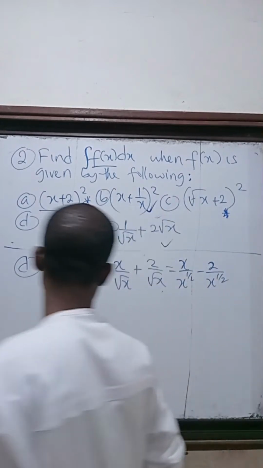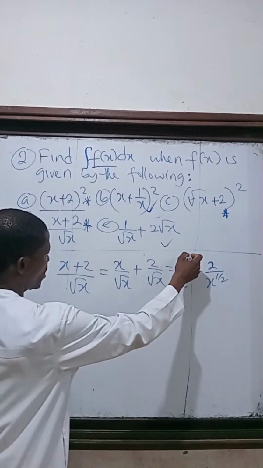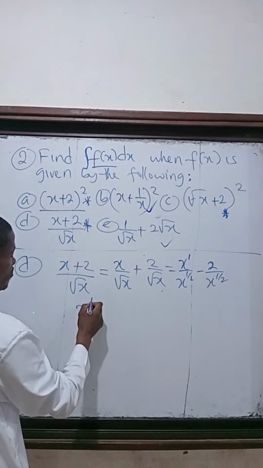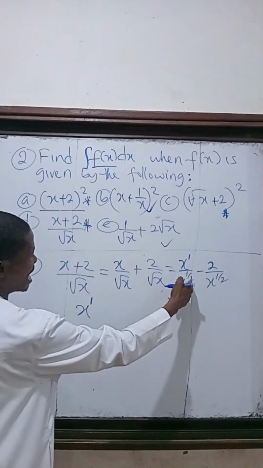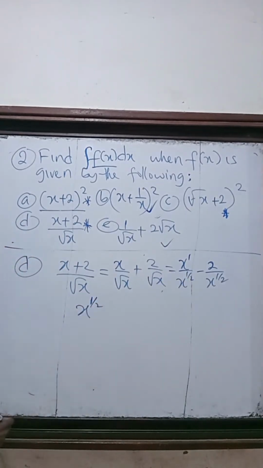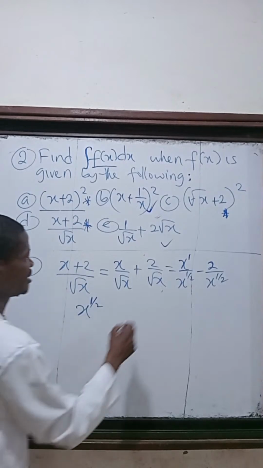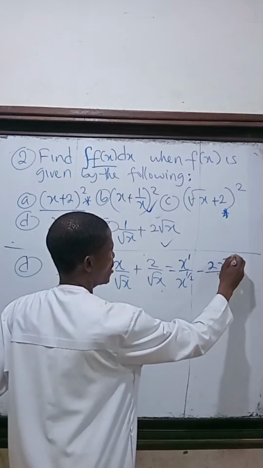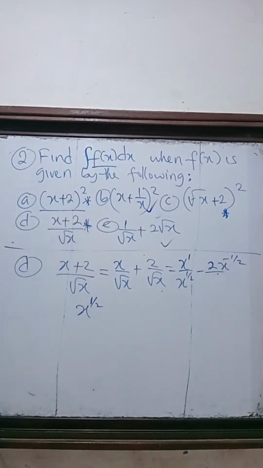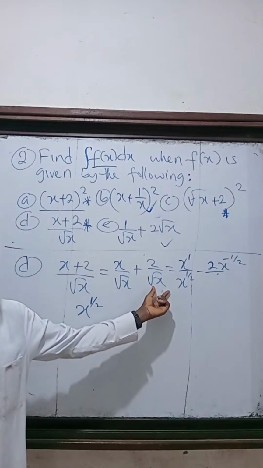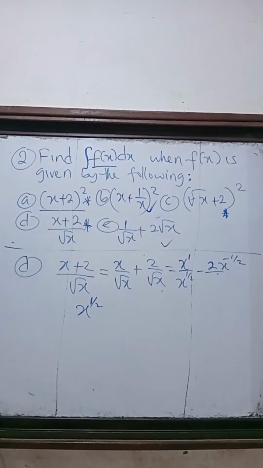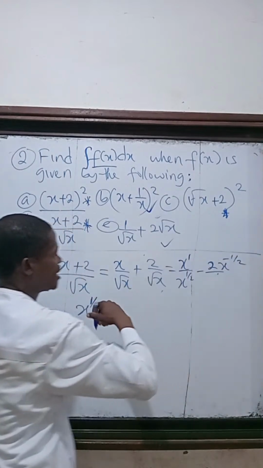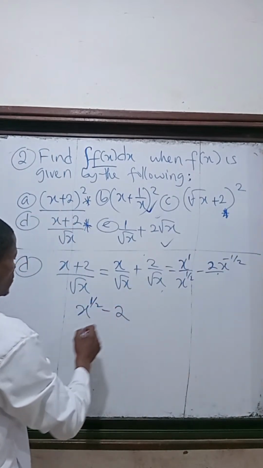Then you can apply your indices. This is power 1, so you take one of the bases and then you subtract the power, 1 minus half, which is half. And then this one, we can write as 2x to the power minus half. You can raise this one up. So we now have plus the power, 1 minus 2.